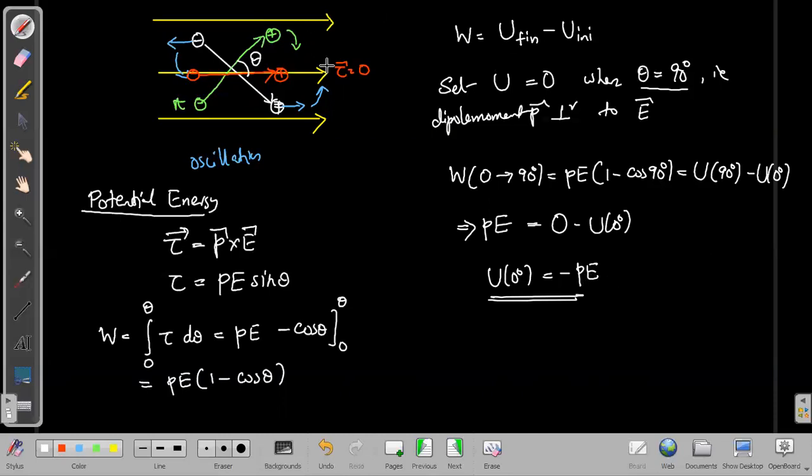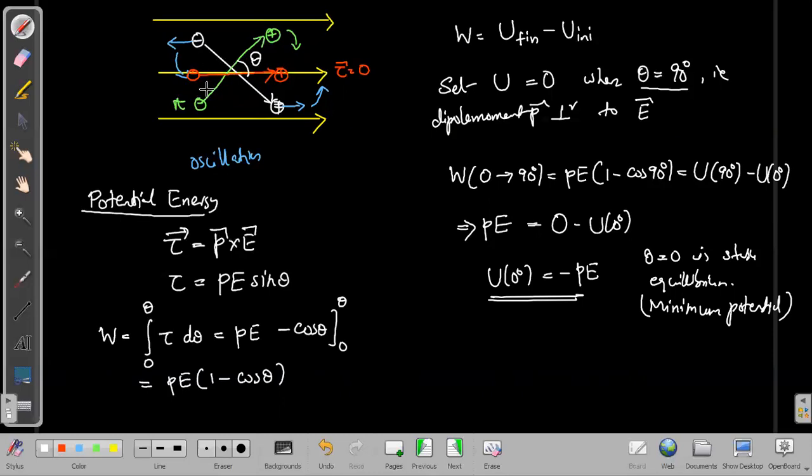Remember, theta equal to 0 is a stable equilibrium point, and a stable equilibrium point will have minimum potential. At 90 degrees you are getting 0.